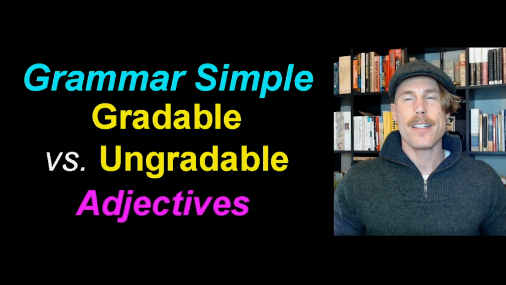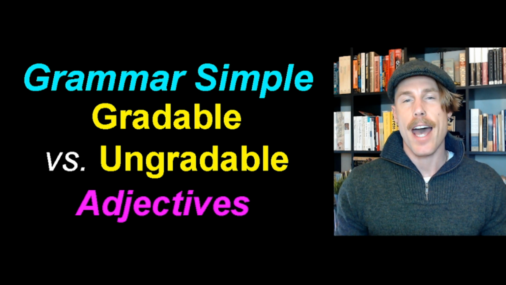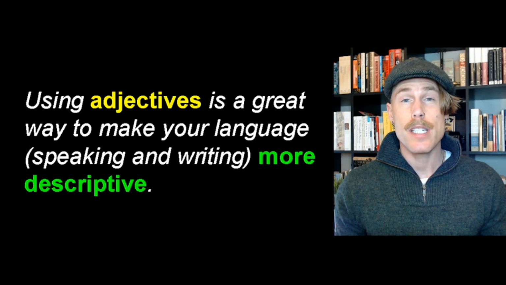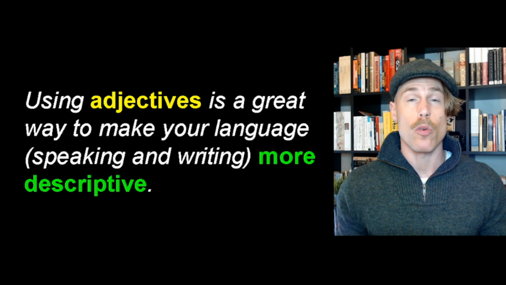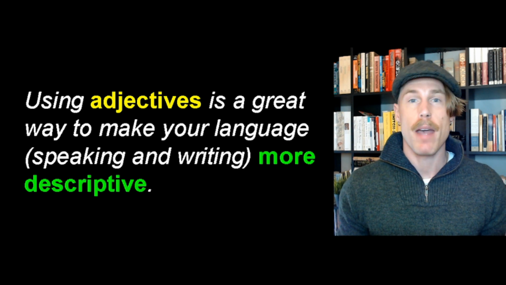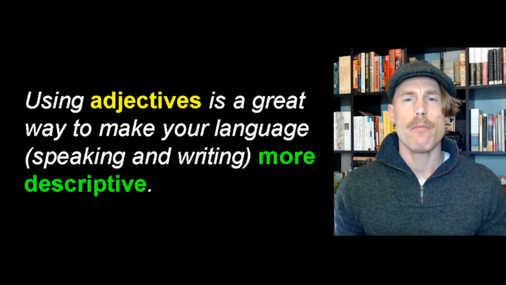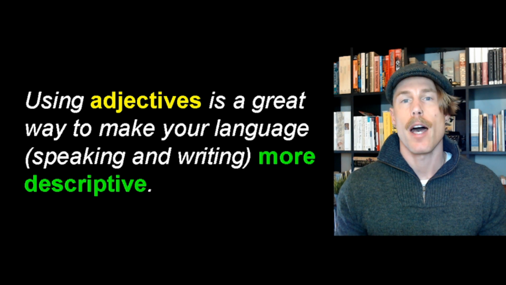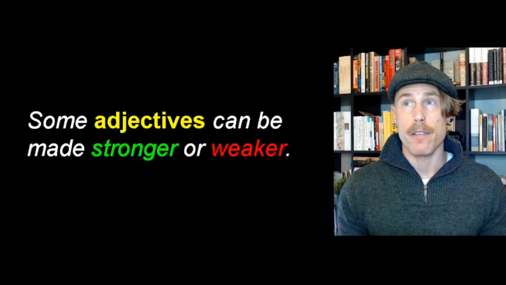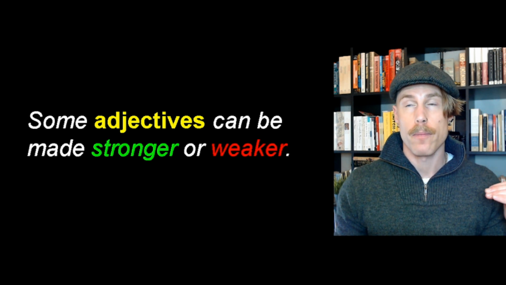Okay, everyone. Gradable versus ungradable adjectives. Let's get started. Using adjectives is a great way to make your language, speaking and writing, more descriptive, to give more information about something. Some adjectives can be made stronger or weaker.